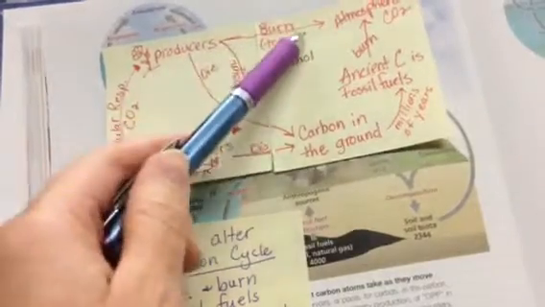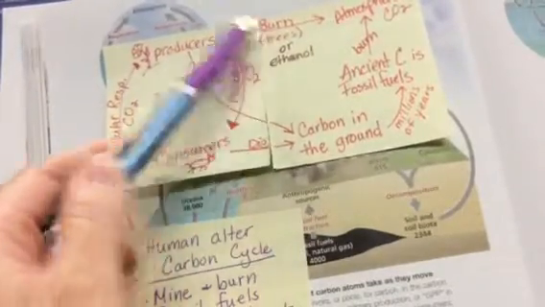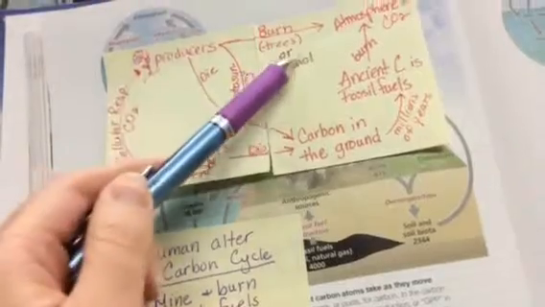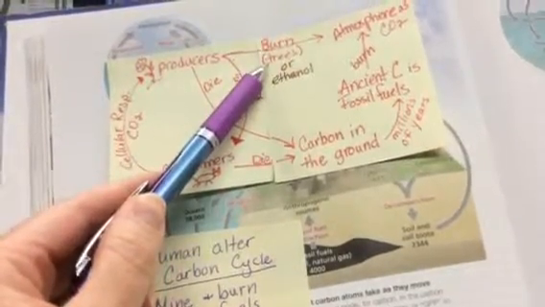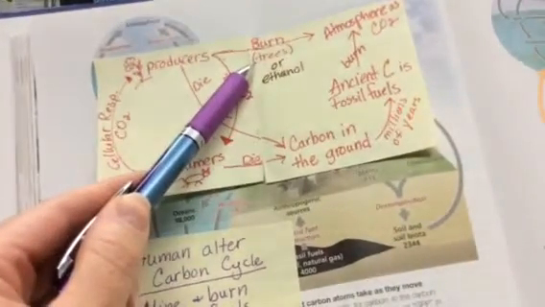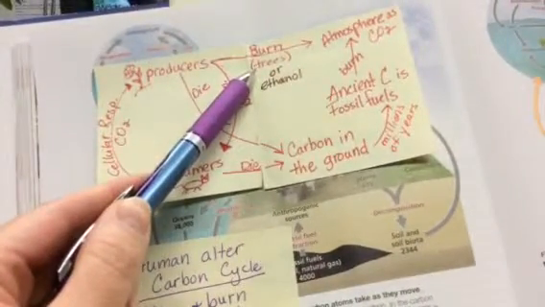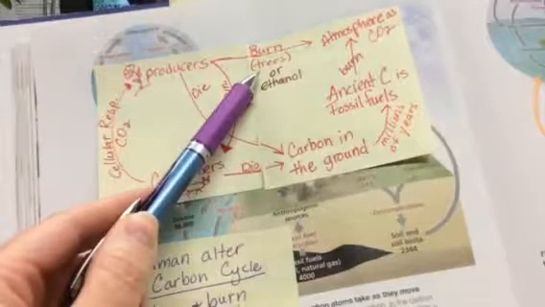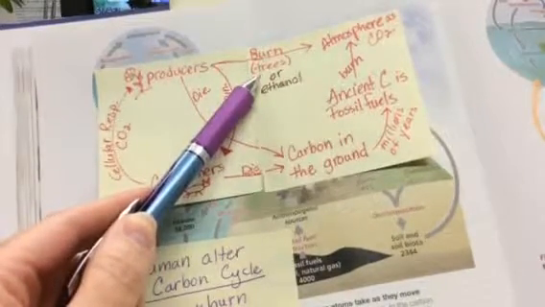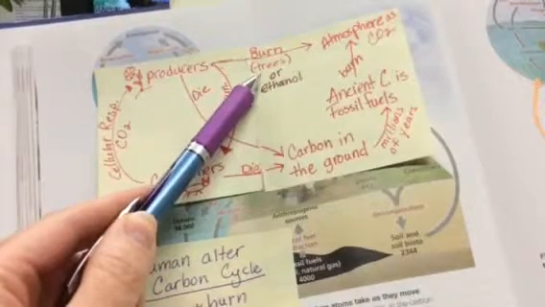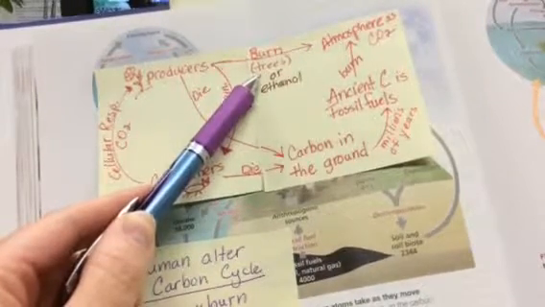When you burn, mainly producers, I mean consumers can also be burned, but really it's your producers that are burned more often. The most common thing to be burned would be trees, for fireplaces. Sometimes in some places they burn trees for creating electricity, but that's not as common.